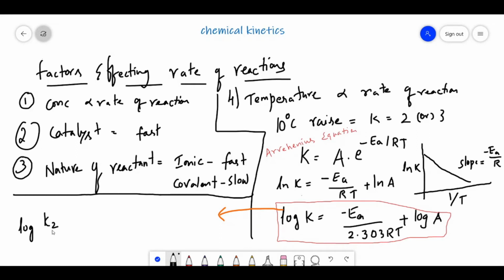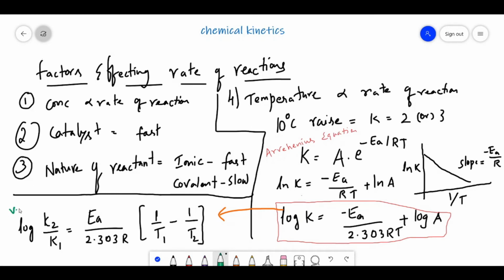So it is taken as log k2 by k1 is equal to EA by 2.303 R into 1 by T1 minus 1 by T2. So this is a very, very important relation in this effect of temperature.